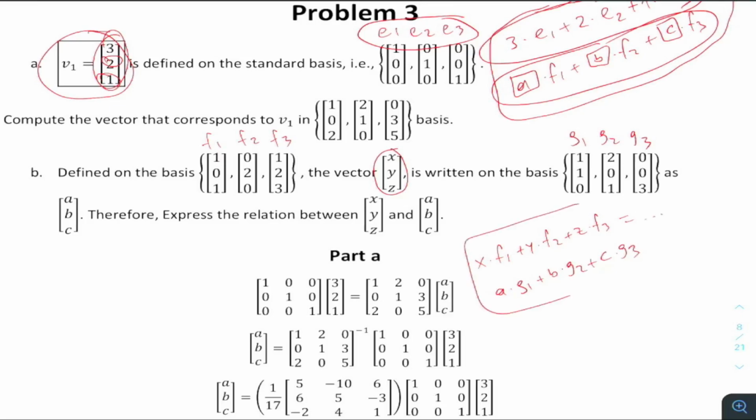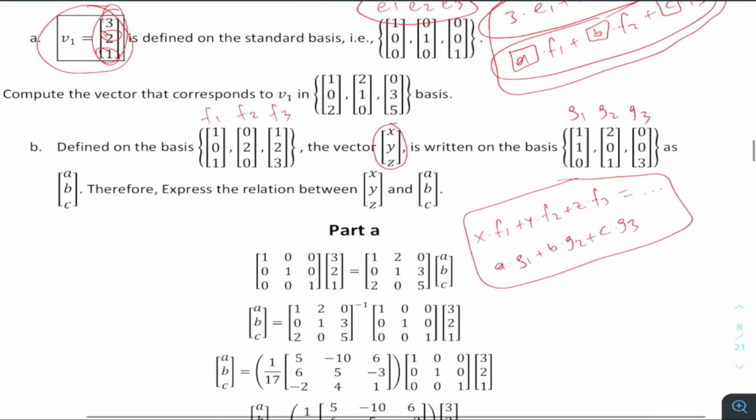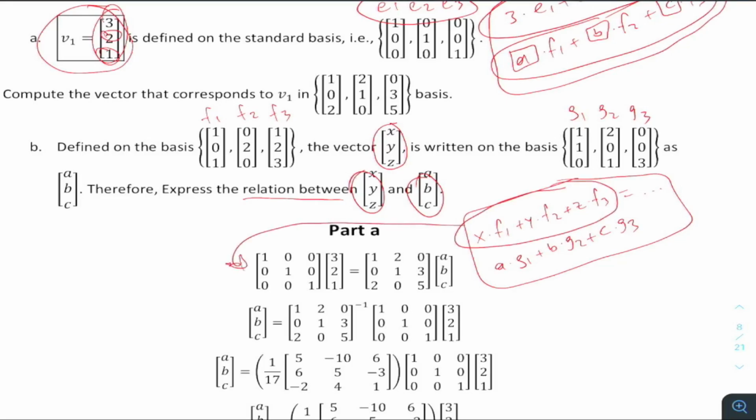This is the equality that we need to focus on. Here the relation between these two vectors is being asked, and we can write down this geometrical object with that expression.